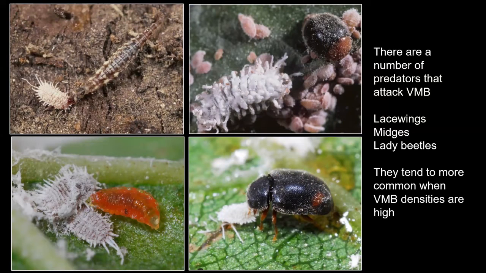That I think is a Scymnus, lots of different native beetles. They're all great. They all tend to have one downside, and that's that they tend to be in the vineyards more when the vineyards have a lot of mealybug. They don't tend to work great at low mealybug densities.